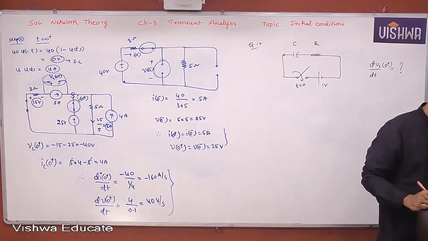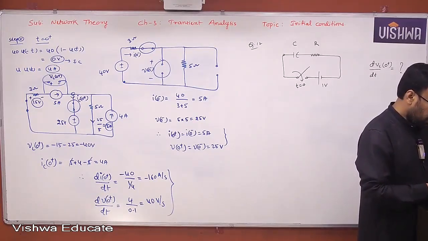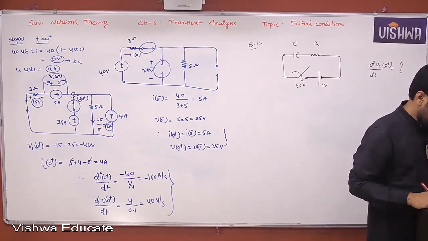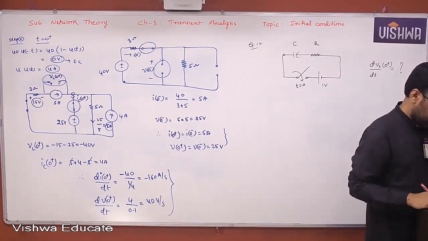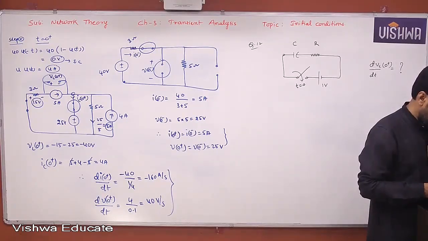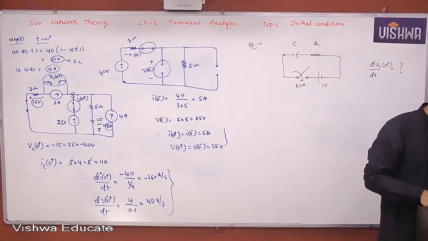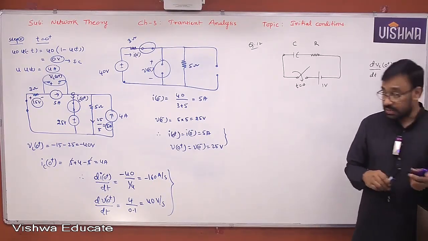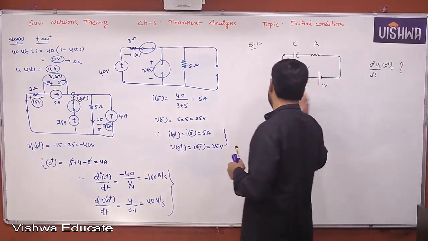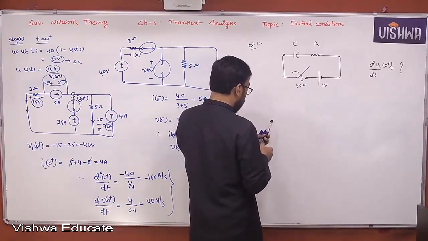The rate of increase of voltage across the capacitor when the switch is closed, at t equal to 0 plus, is what is being asked. It's a very simple question. We have already done RC circuits, so let's solve it.